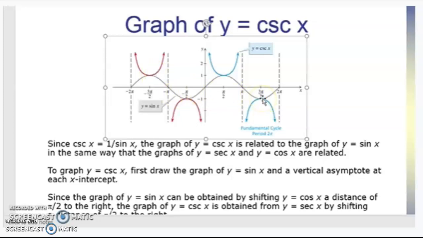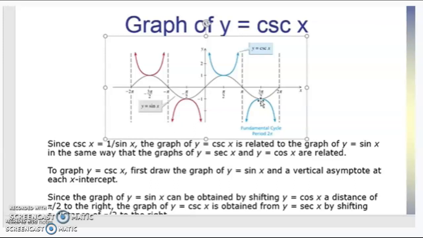Likewise, you can see that when the sine function has a minimum value, the cosecant function opens downward with a vertex at the minimum value on the sine function.